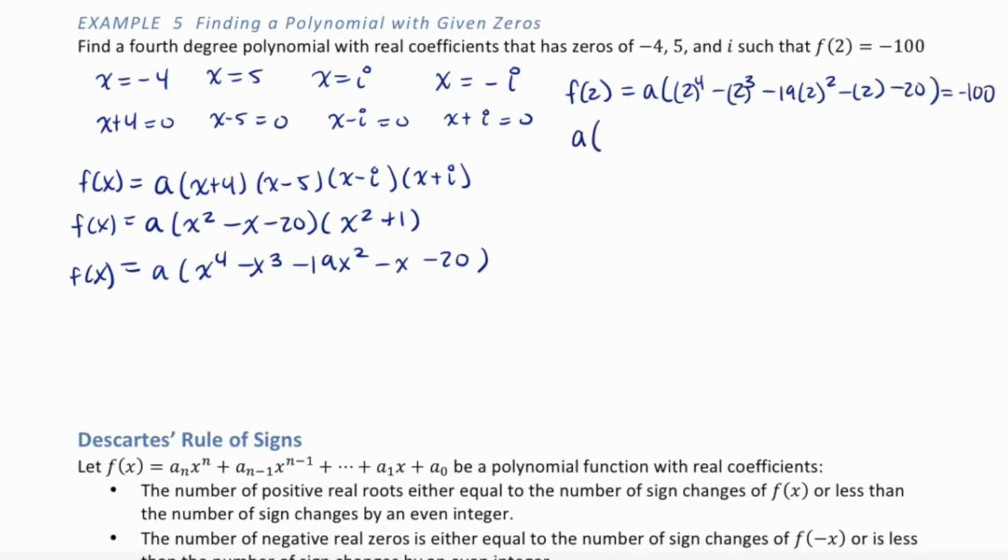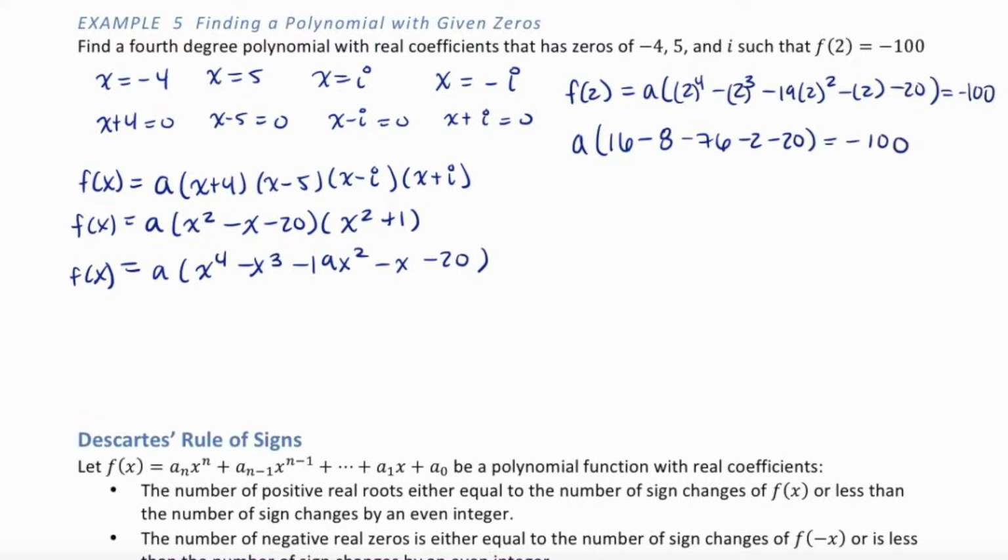So we have a times 2 to the 4th, which is 16, minus 2 cubed, which is 8, minus 19 times 4, which is negative 76, minus 2 minus 20 equals negative 100.